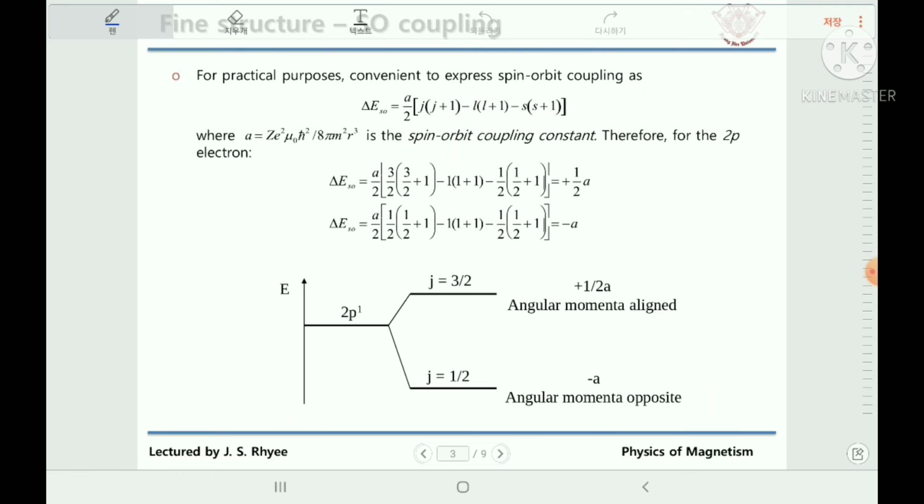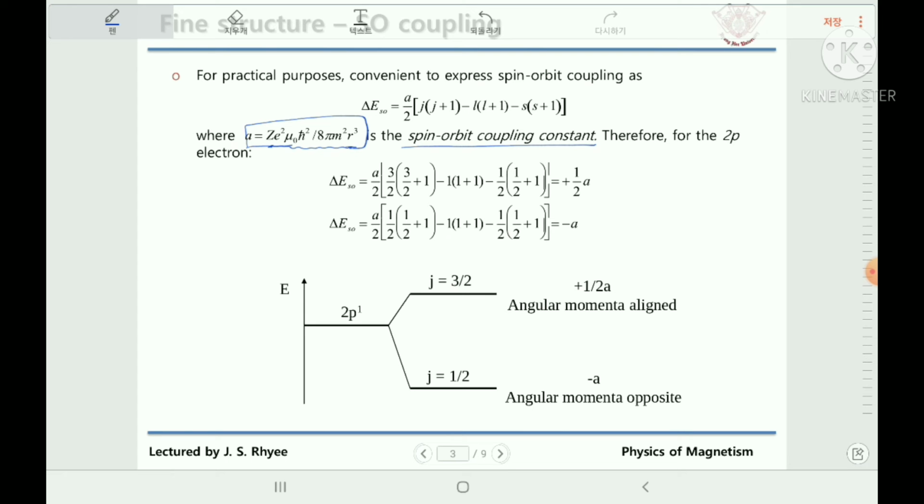Here, for practical purposes, this parameter is a little bit complex to conceive, and we define it as the spin-orbit coupling constant. It is the strength of the spin-orbit coupling, and it is proportional to the Z number and inversely proportional to R. R is not easy to conceive because in atoms R is very small.